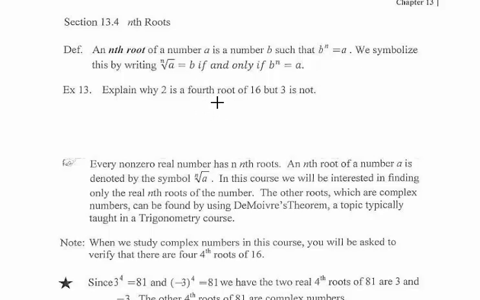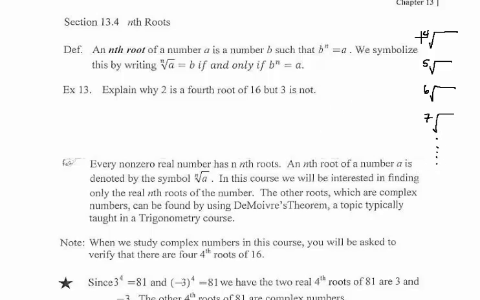So how does this carry on with bigger and bigger root numbers? What they're saying here is that we could have root numbers of 4. We could have a 5th root. We could have a 6th root. We could have a 7th root, and so on.